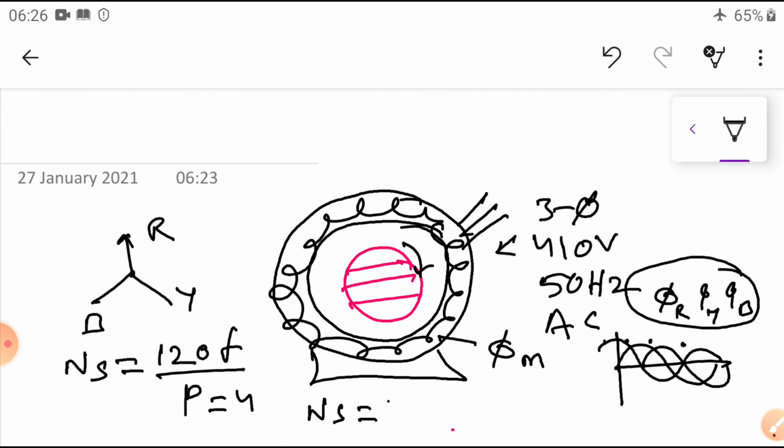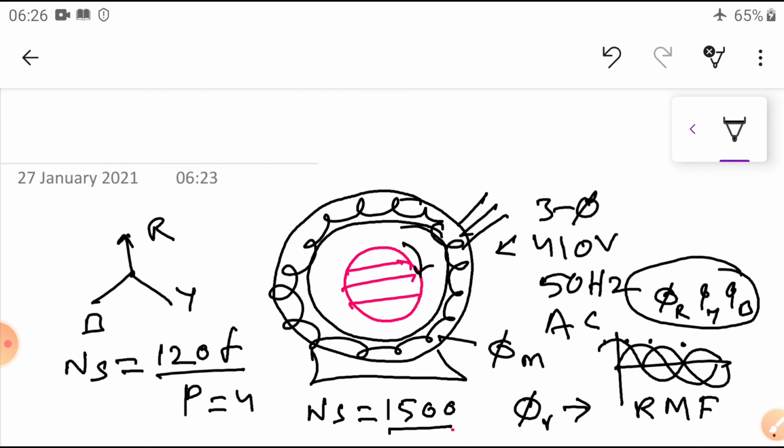That means whenever 3-phase supply is given to the induction motor, it establishes a magnetic field, the resultant flux phi R, rotating at a speed of 1500 rpm in the air gap. That is called the rotating magnetic field, RMF, in the air gap.